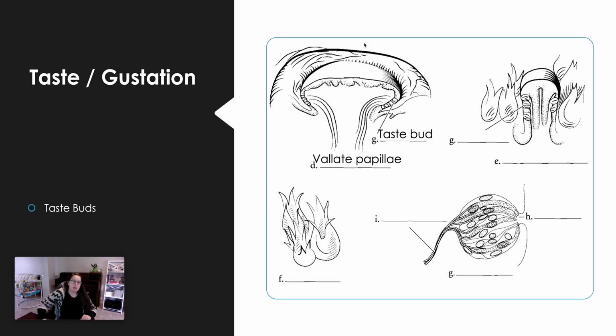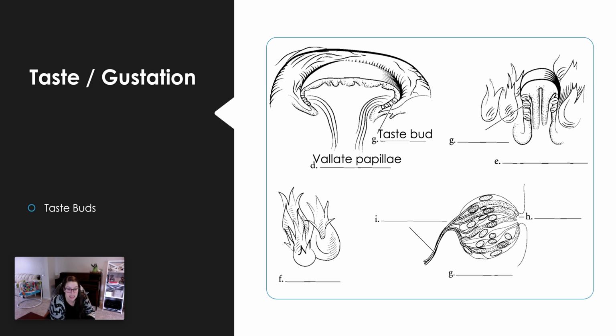These vallate papillae are much larger. They're in the back, and it's proposed that these have to do with tasting bitter and, I guess, gross tastes. And they're in the back of your throat so that it can initiate the gag reflex.